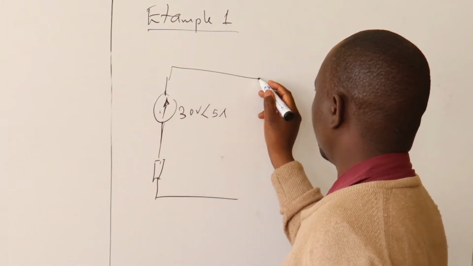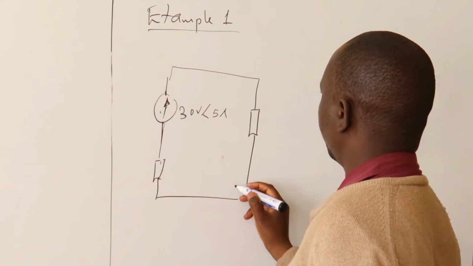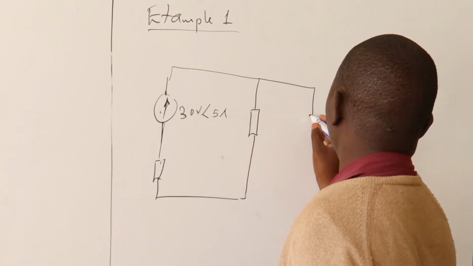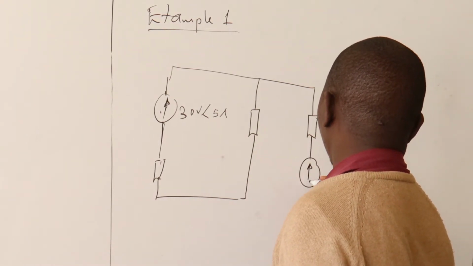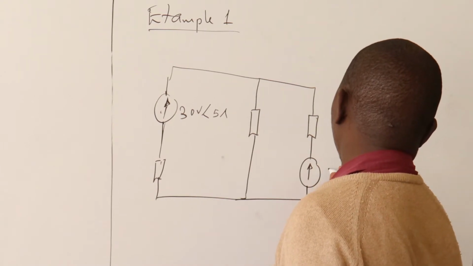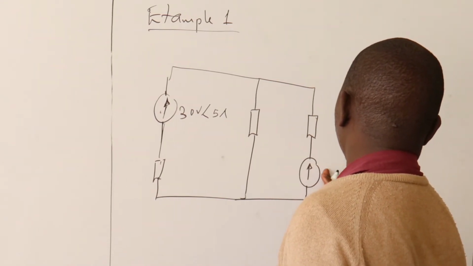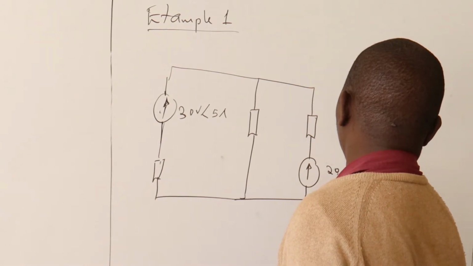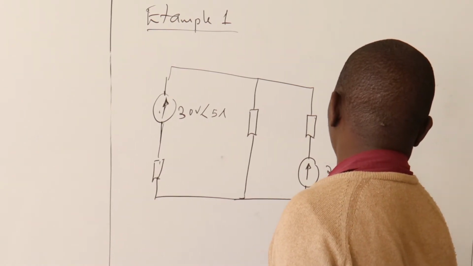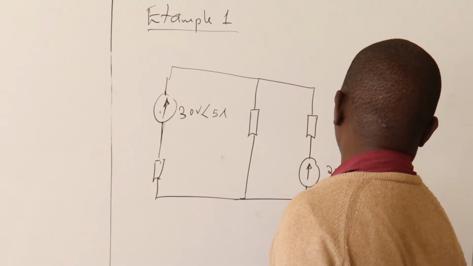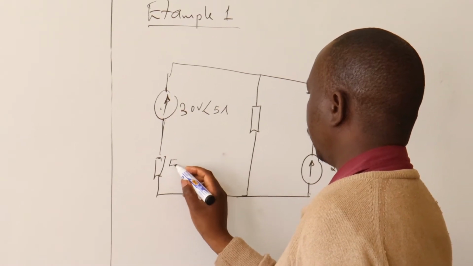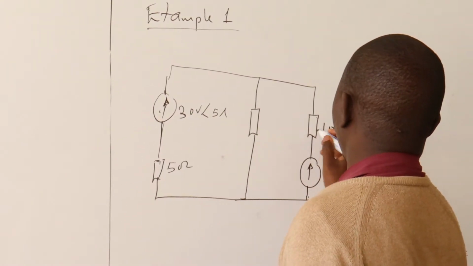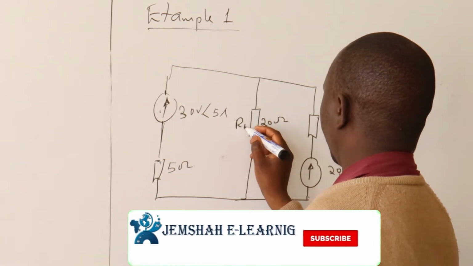Then we have this as AB. This is 20 volts at angle 15 degrees. This is 5 ohms, this is 10 ohms, and this is 20 ohms, which is R_L.